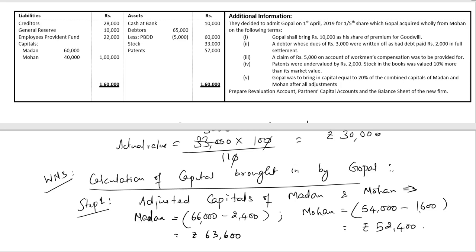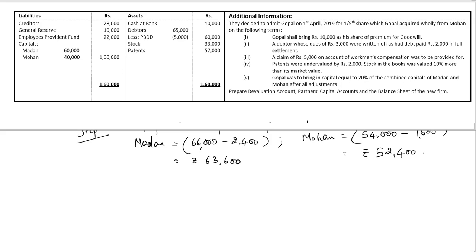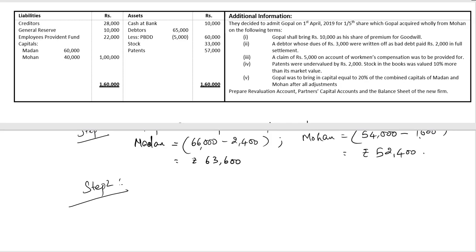So this is a slight variation in the second method which I mentioned at the beginning of this video. It does not say that Gopal is to bring in capital equal to 20% of the total capital of the firm. It says instead that Gopal was to bring in capital equal to 20% of the combined capitals of Madan and Mohan, not 20% of the total capital of the firm. So this is a variation in the second method. So step 2 is to find out the capital which is to be brought in by Gopal.